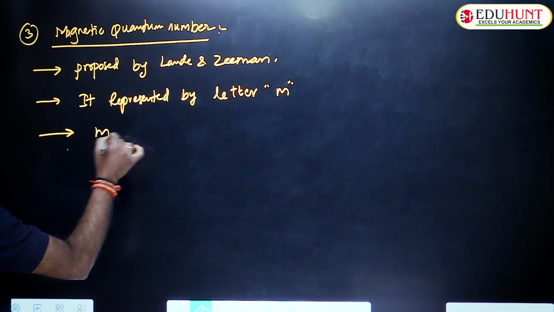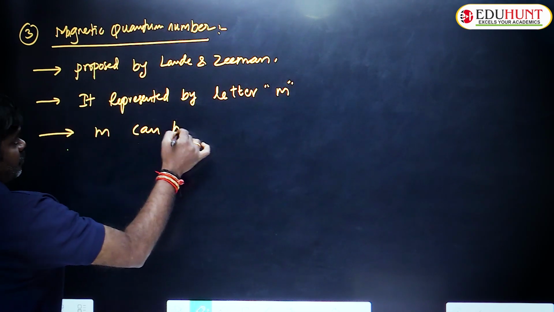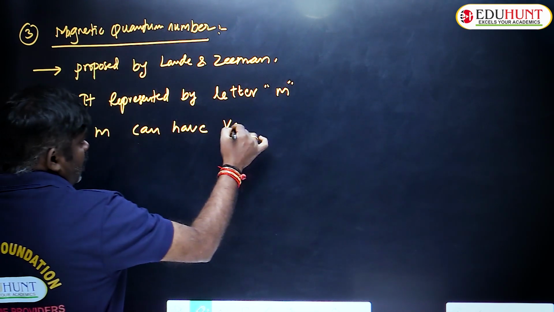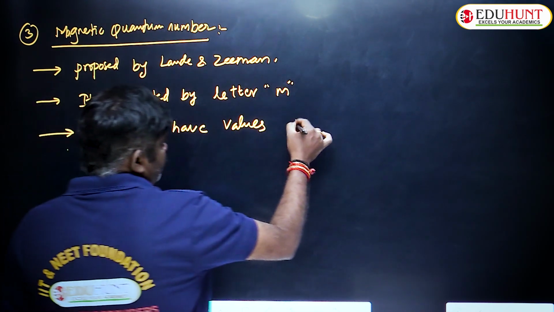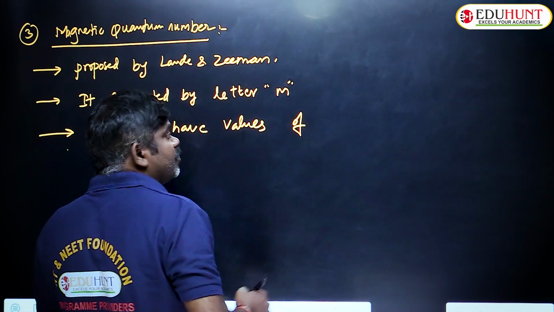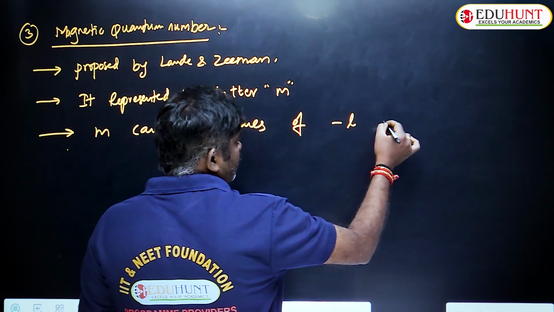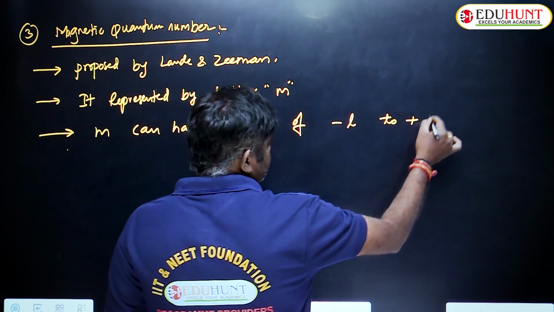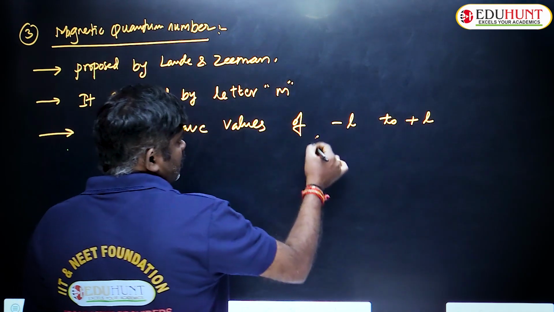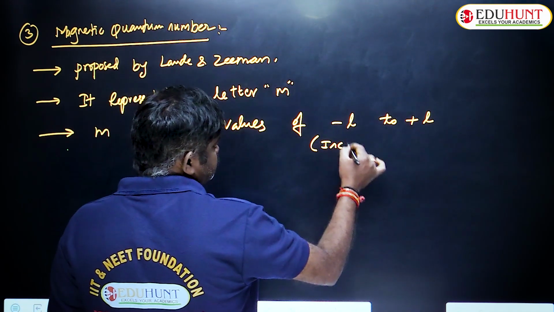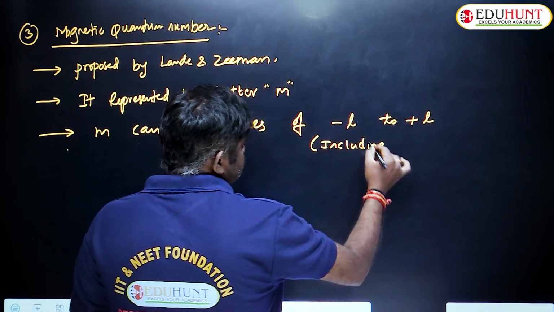M can have values of minus L to plus L, including 0.